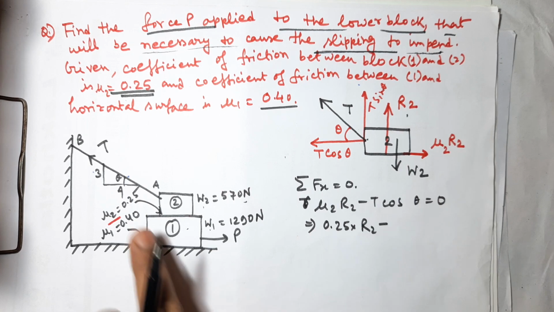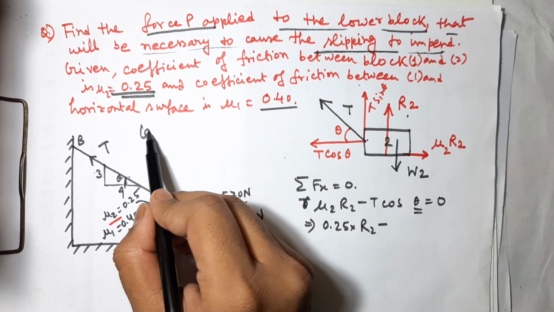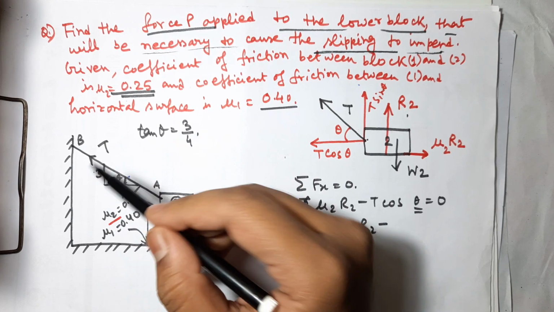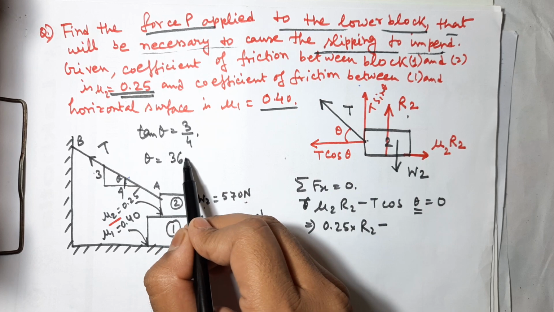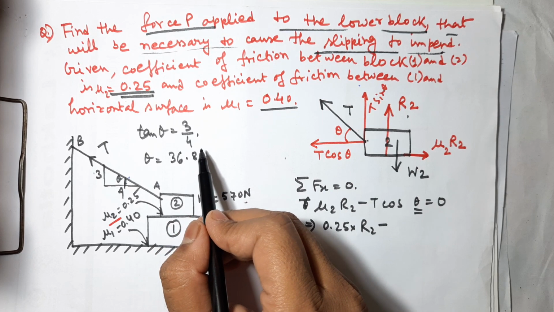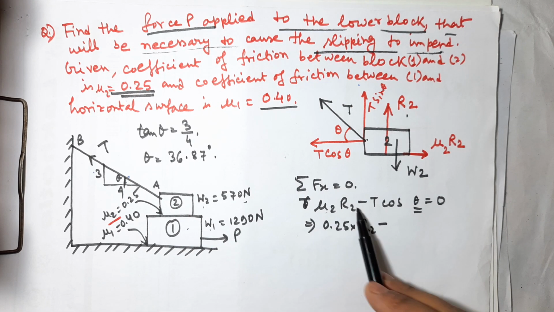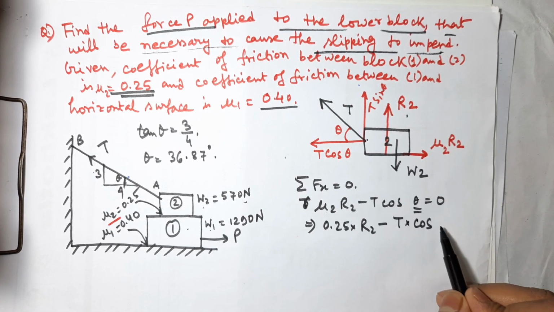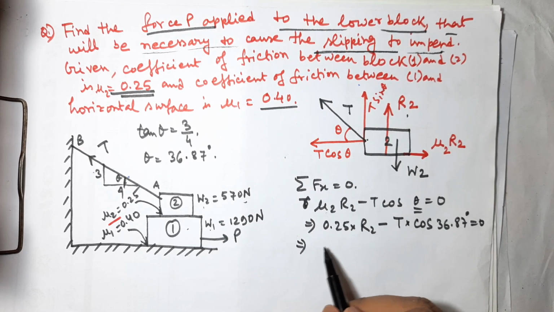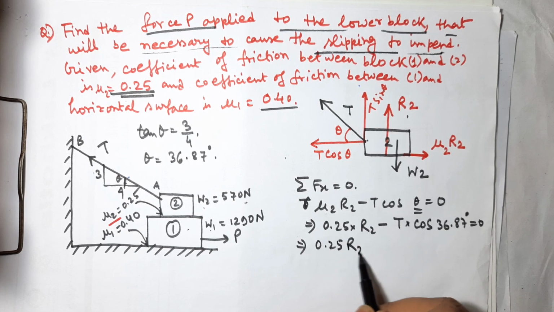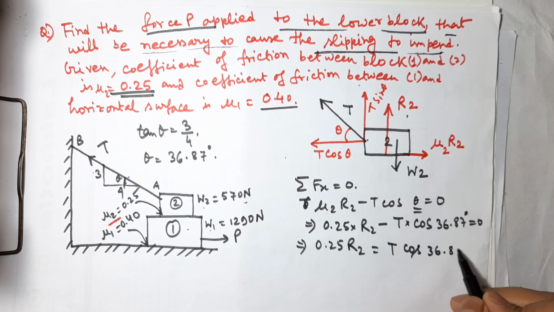How do we find the value of theta? Tan theta is equal to 3/4, perpendicular by base, so theta is equal to tan inverse 3/4, which is 36.87 degree. So mu2 R2 minus T cos 36.87 degree is equal to 0, so 0.25 into R2 is equal to T cos 36.87 degree.